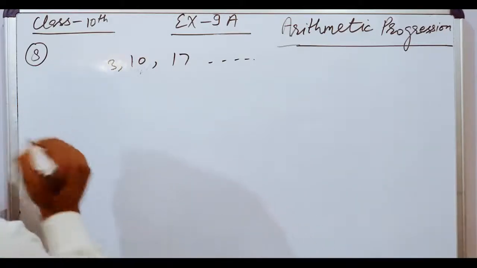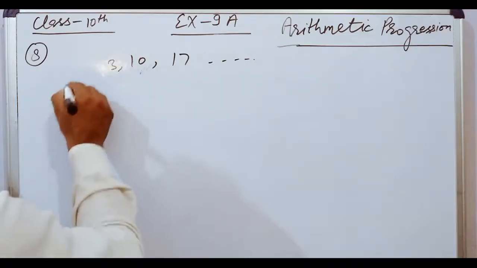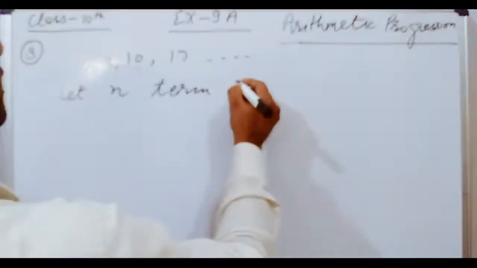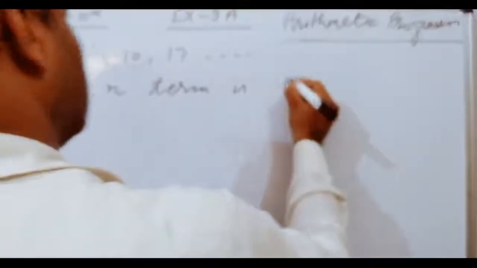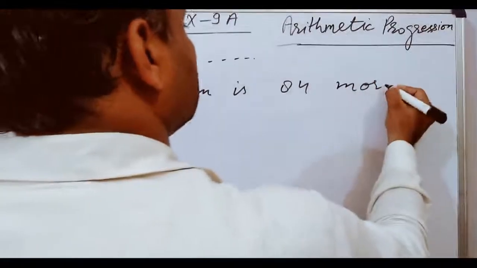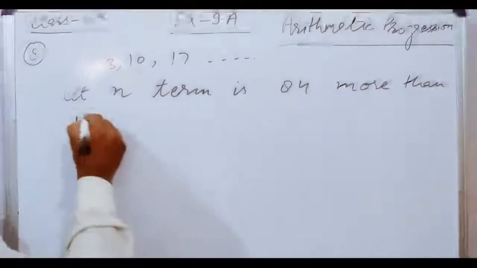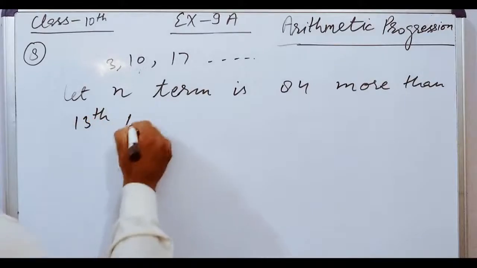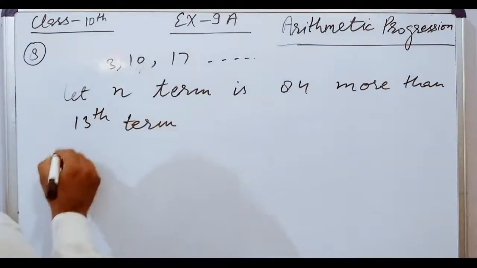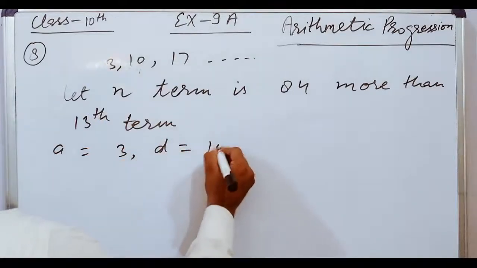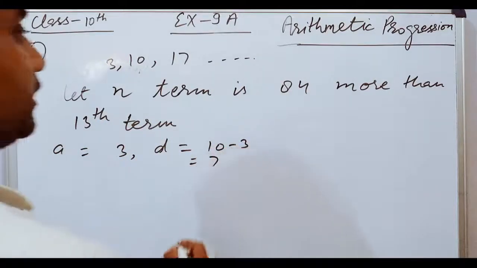N. Let the nth term be 84 more than the 13th term. A equal to 3, D equal to 10 minus 3 equal to 7.